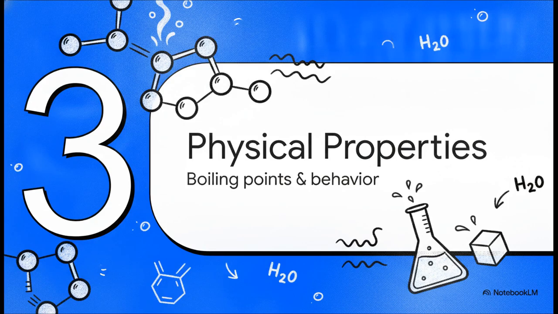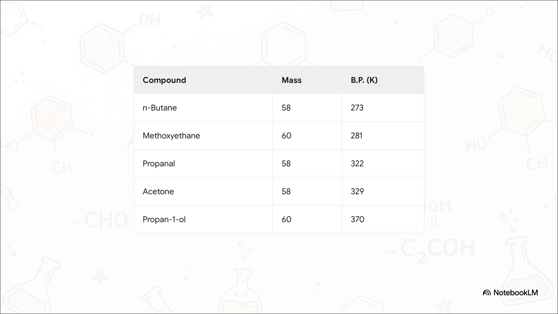Section 3. Physical properties and behavior. This perfectly illustrates exactly why structure matters so much. If you compare a handful of compounds with nearly identical molecular masses, say right around 58 to 60, you'll see vastly different boiling points. Take n-butane. It's completely nonpolar and boils at a chilly 273 Kelvin.